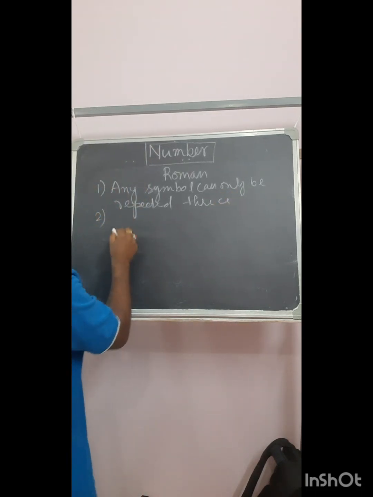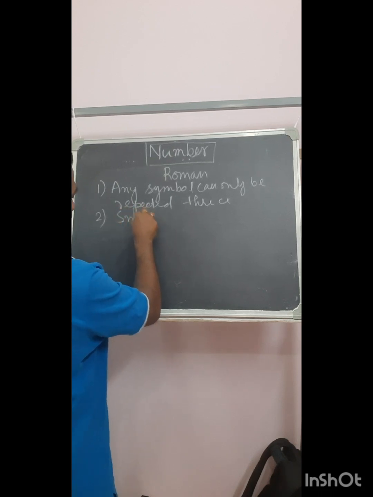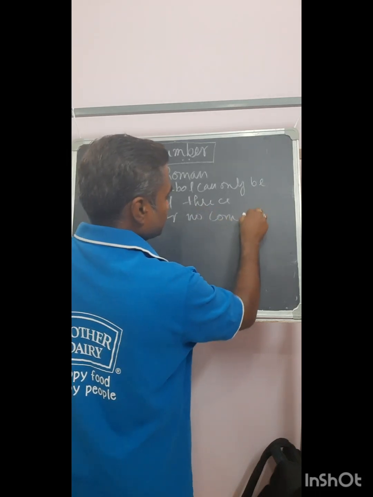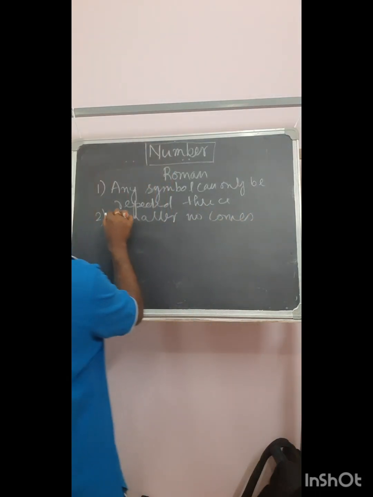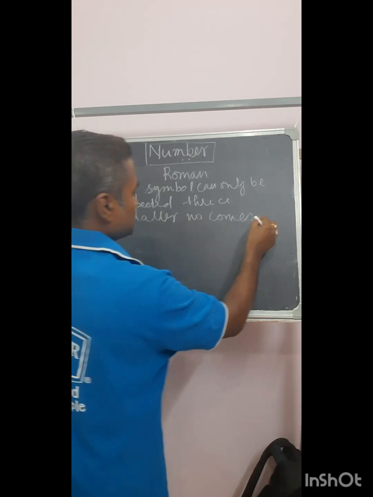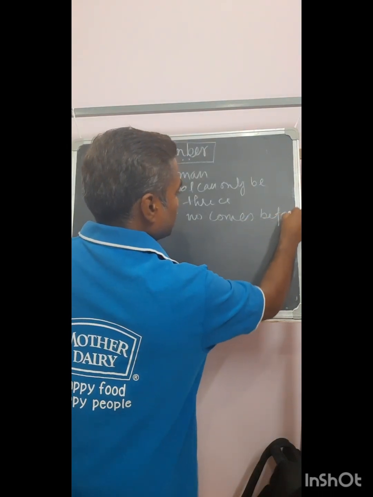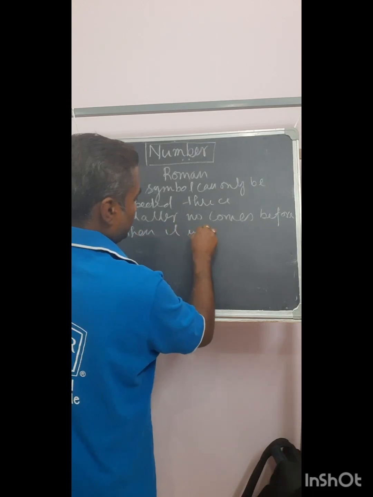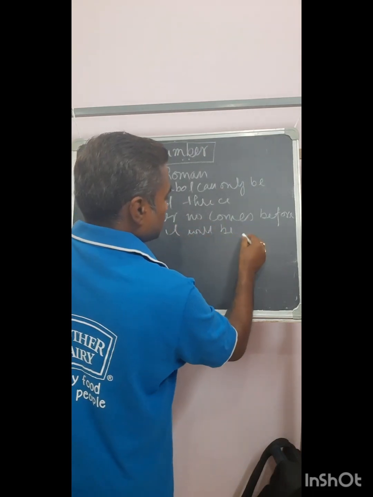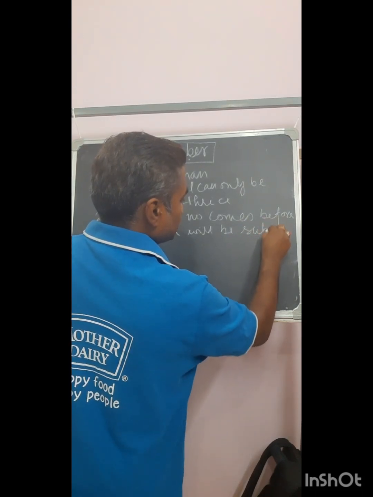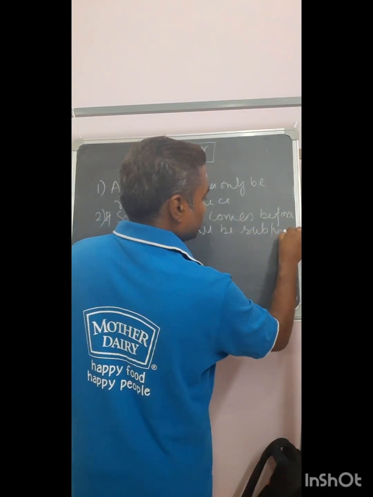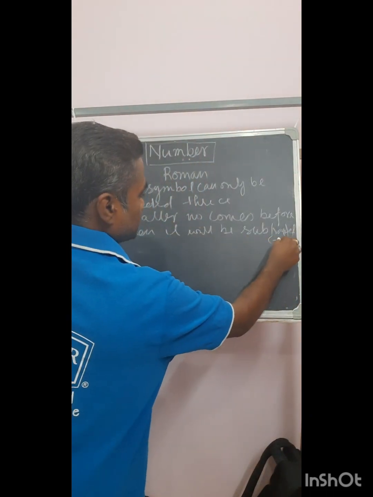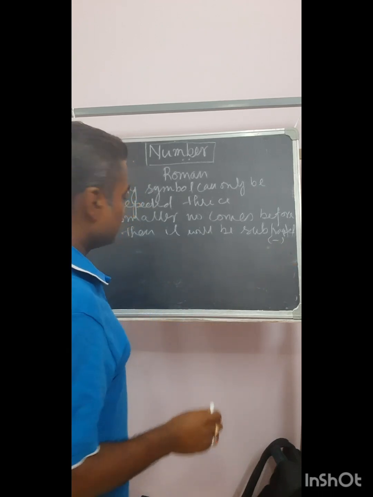Rule 2: if a smaller number comes before, it will be subtracted, that means it will be minus.